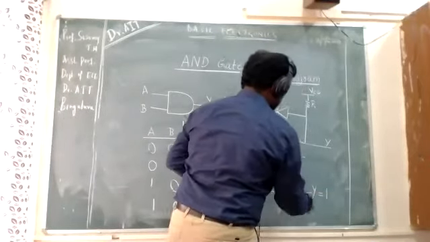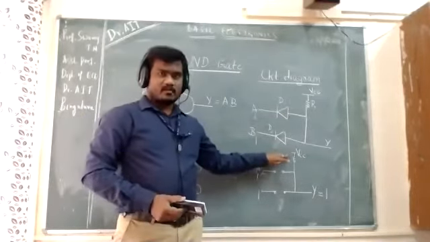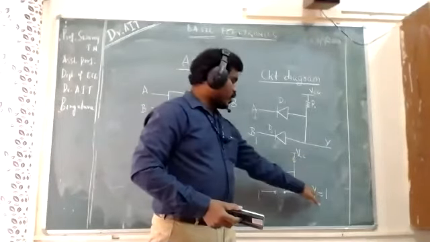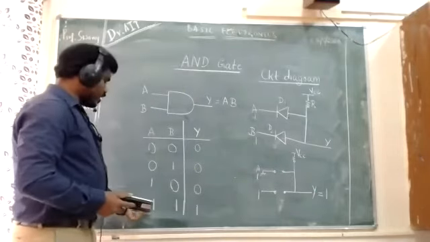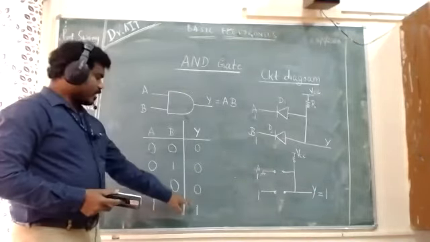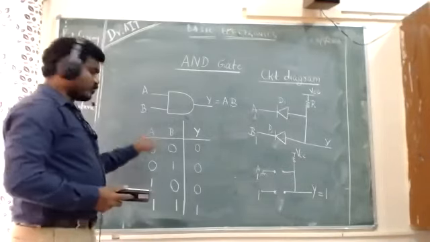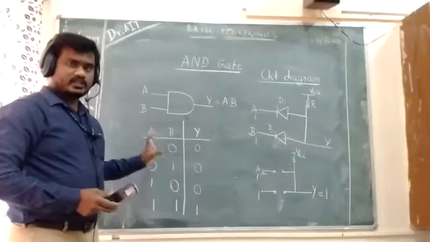Y is nothing but VCC. Of course, some drop is there across the resistance, but still Y is approximately equal to VCC. So the output is assumed to be logic high. Therefore, only when both inputs are equal to 1 is the AND gate output logic high. If any one of the inputs is logic 0, the output of the AND gate is logic 0.